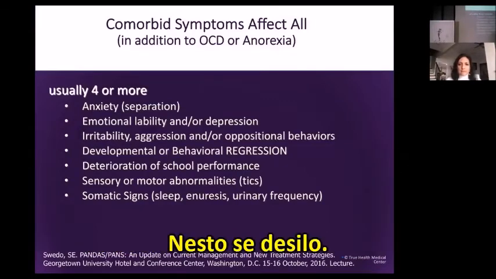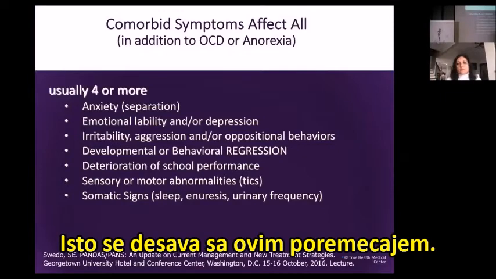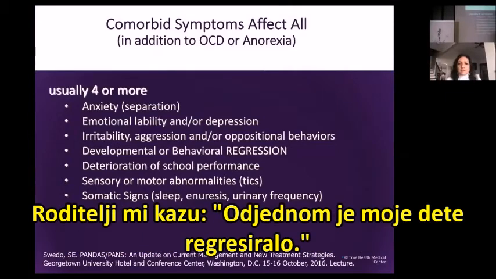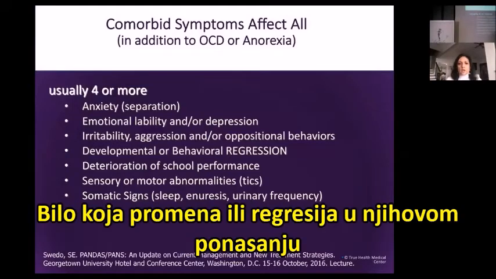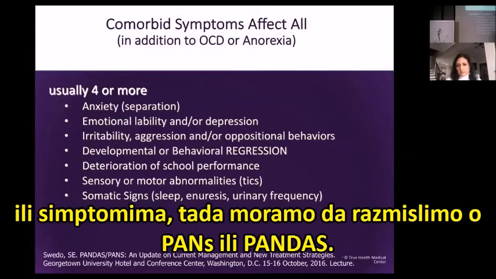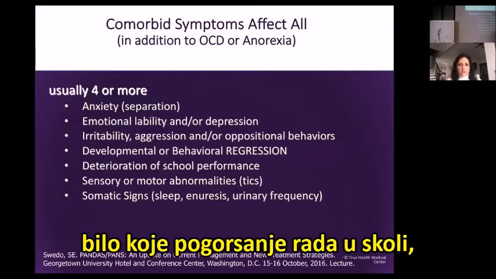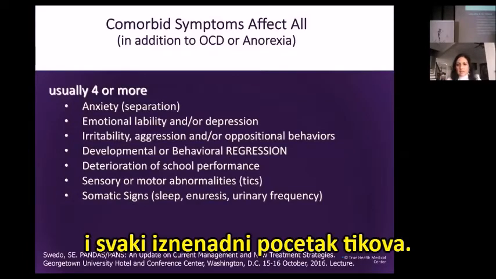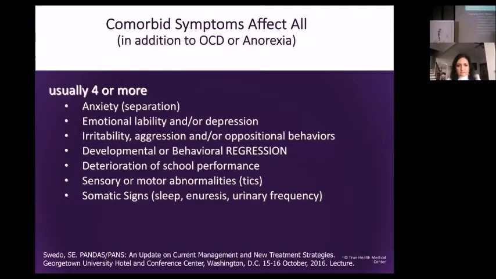Something happened. The same thing happens with this disorder. Parents will tell me, all of a sudden my child regressed. So any change or any regression in their behavior or their symptoms, we need to think about PANS or PANDAS. Any deterioration in school performance, and any sudden onset of tics.